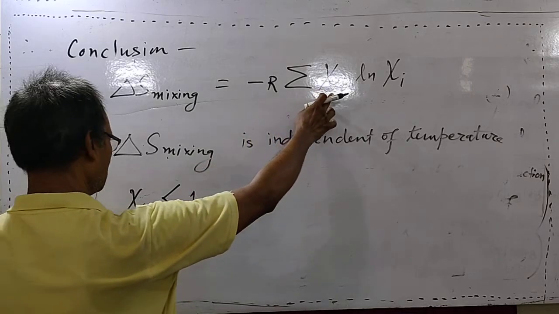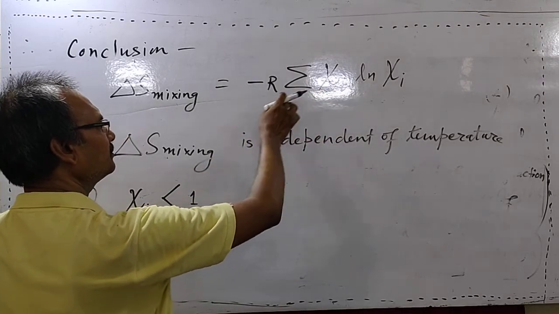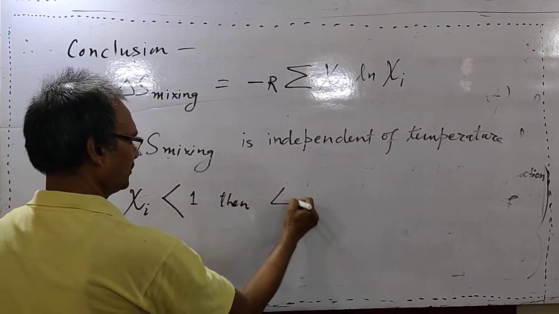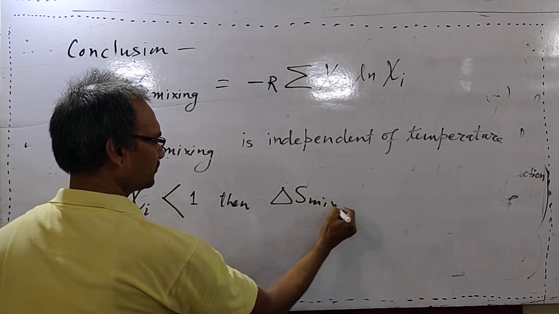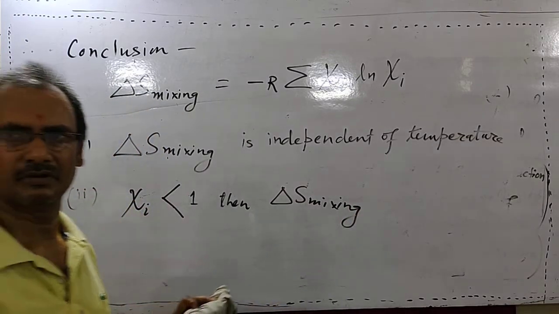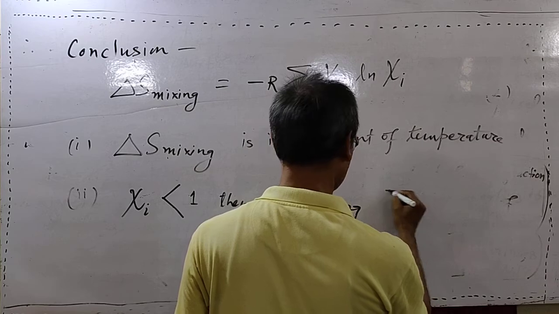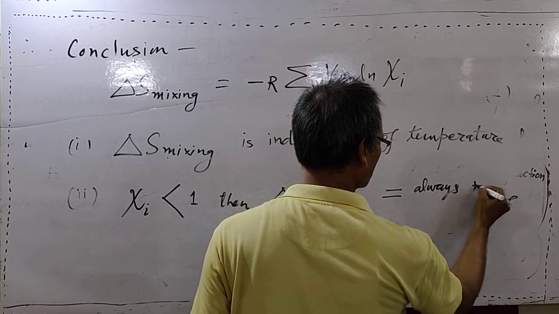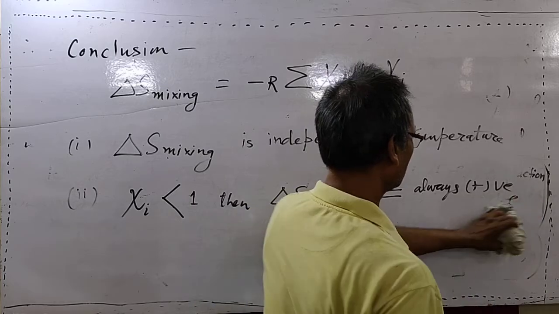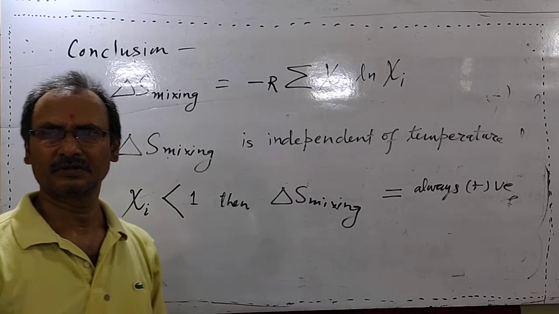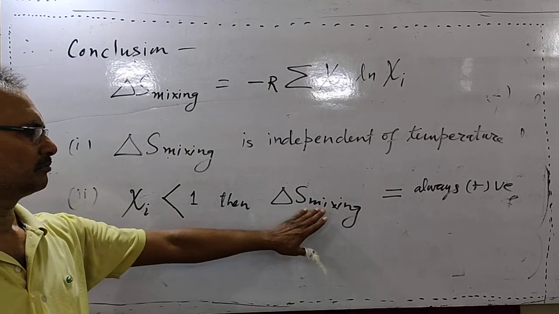So if chi_I is less than 1, then delta S mixing will always be positive.